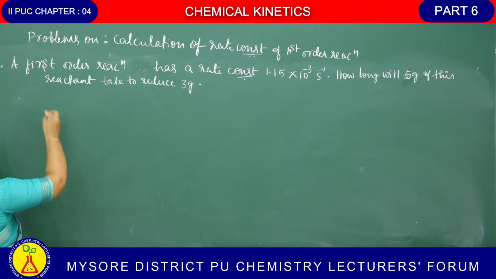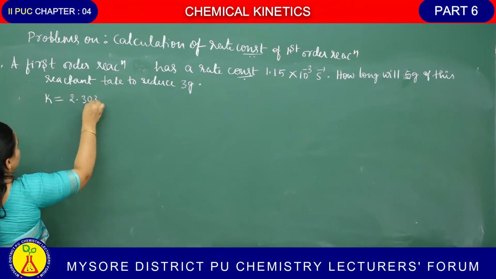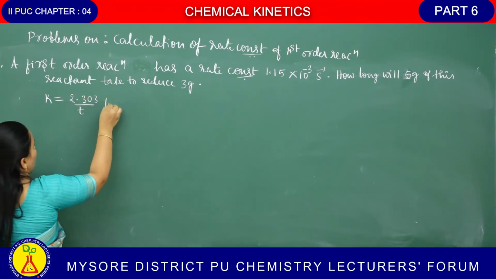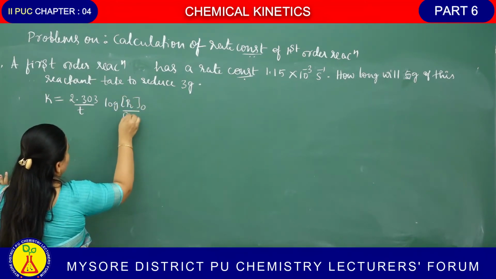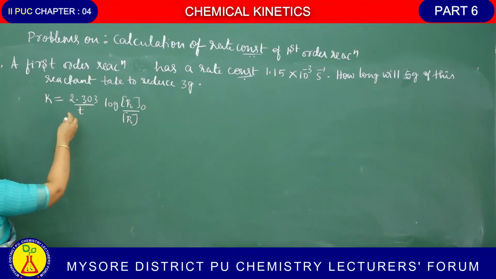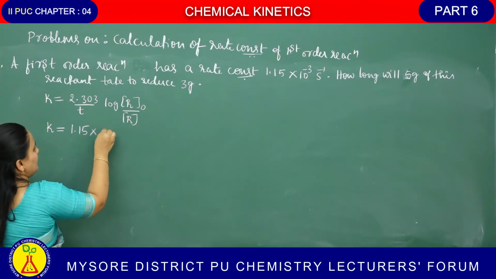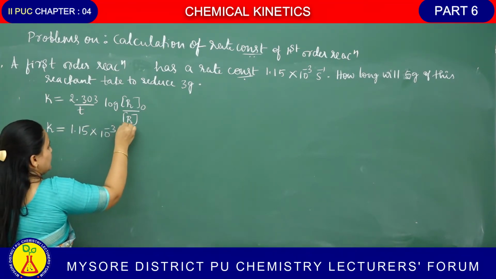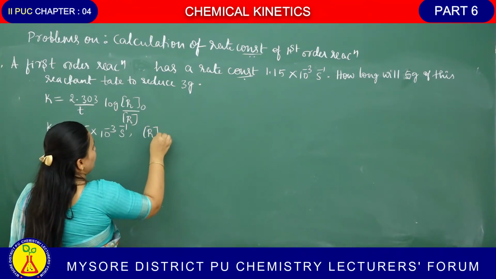Okay, first formula: K is equal to 2.303 divided by T log R naught divided by R. What is given? Rate constant they were given how much? 1.15 into 10 power minus 3 per second, and initial concentration 5 gram.